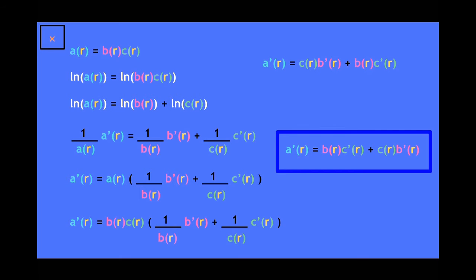Sometimes it's known as 1d2 plus 2d1 or lefty right plus righty left. However you choose to memorize it, you can even choose to memorize it in the top equation. It doesn't really matter as long as you know what term is in each place. So that is what we call the product rule.